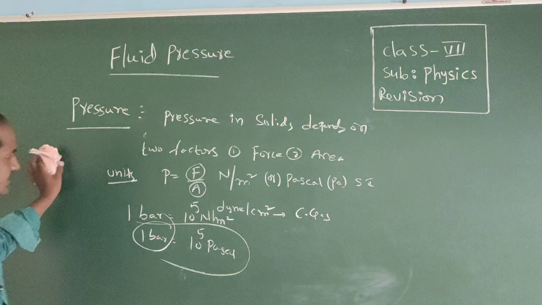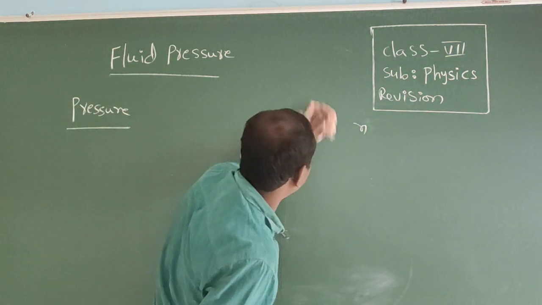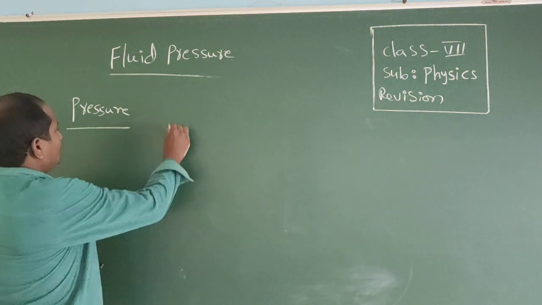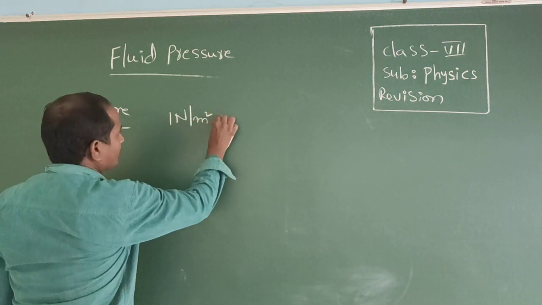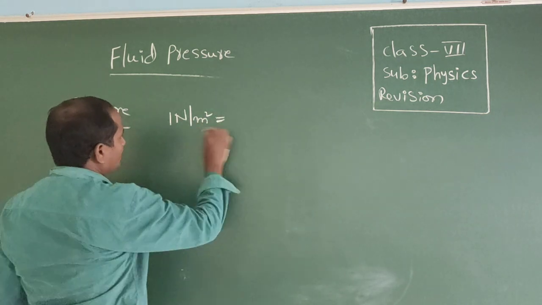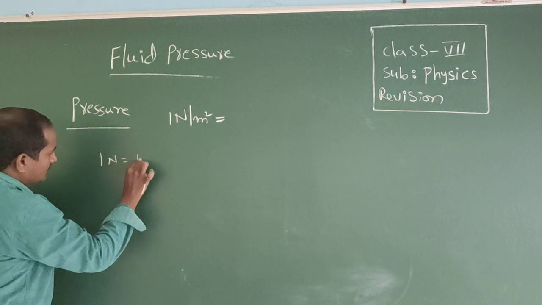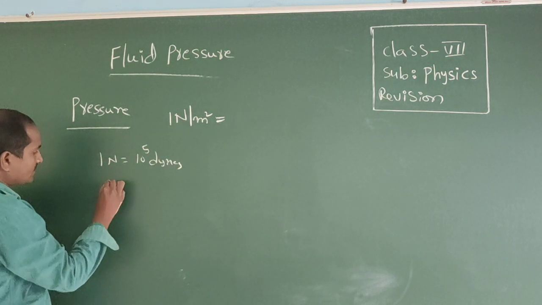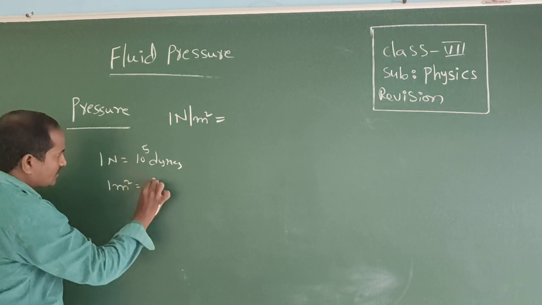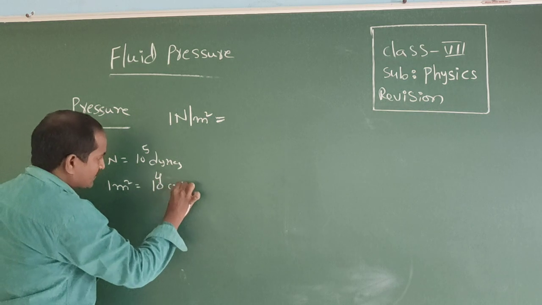Now, the relation between SI and CGS units of pressure. 1 Newton per meter square. 1 Newton equal to 10 power 5 dynes. 1 meter square equal to 10 power 4 centimeter square.